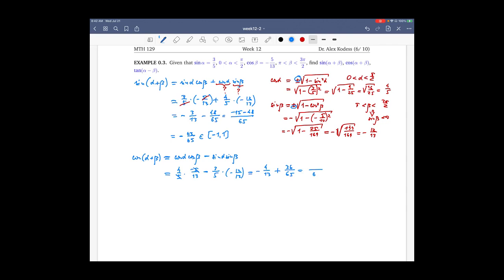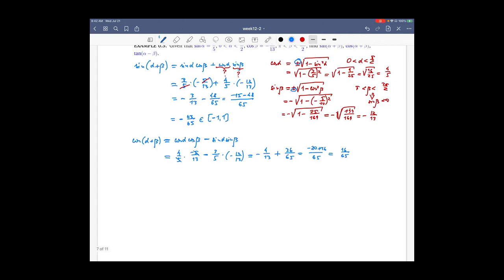The common denominator is 65. Over 13, that's 5, negative 20 plus 36, that is 16 over 65.